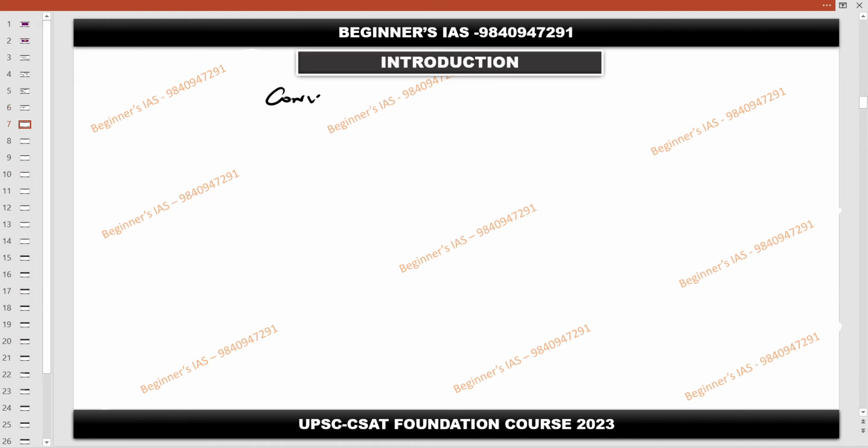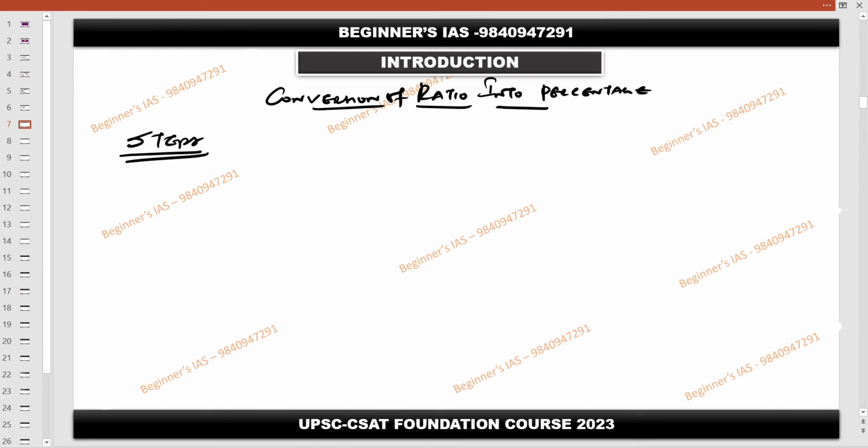Then next one, conversion of ratio into percentage. Same concept but the reverse logic here. So what is the step? First of all, convert that ratio into a fraction.